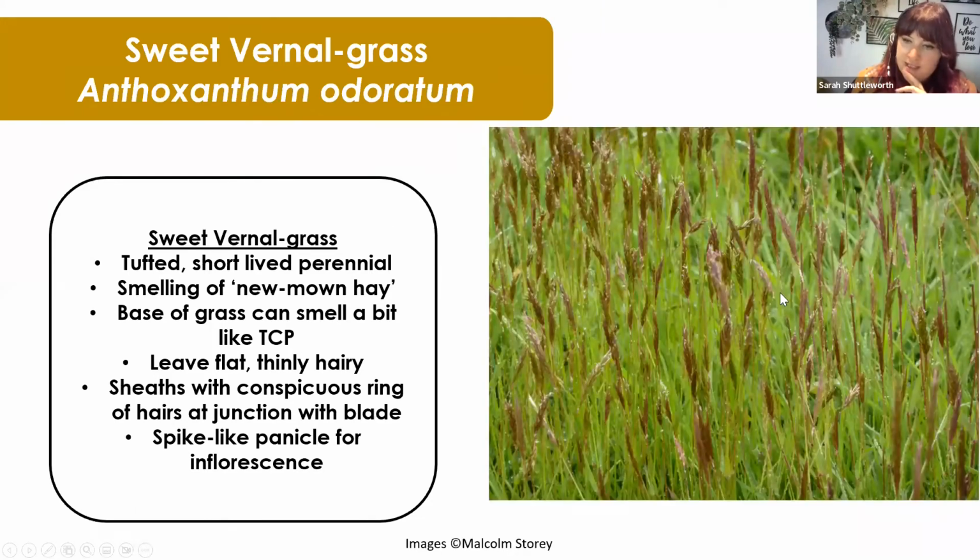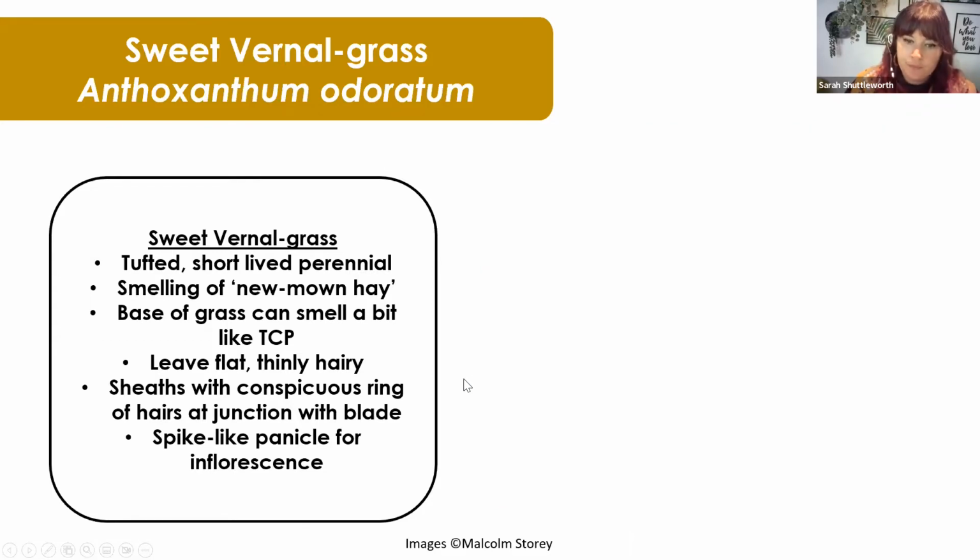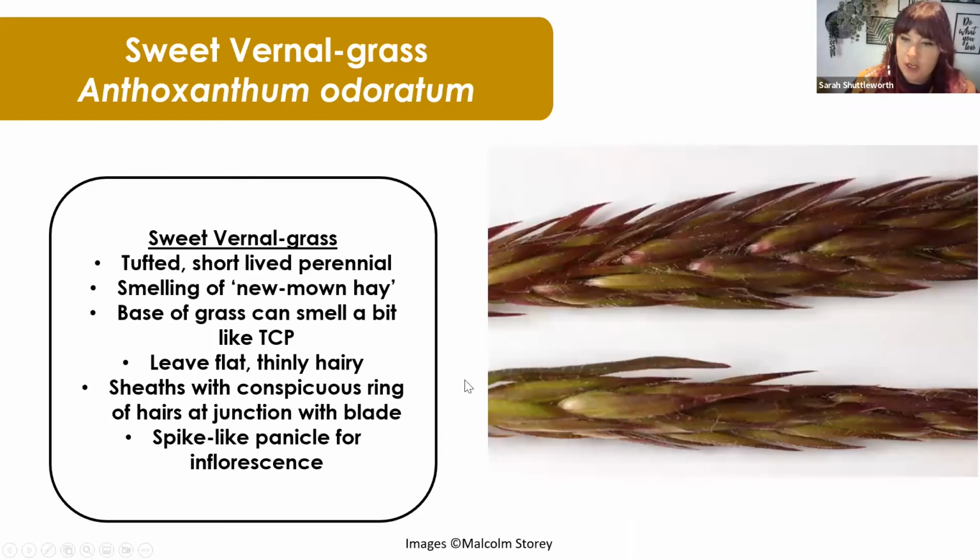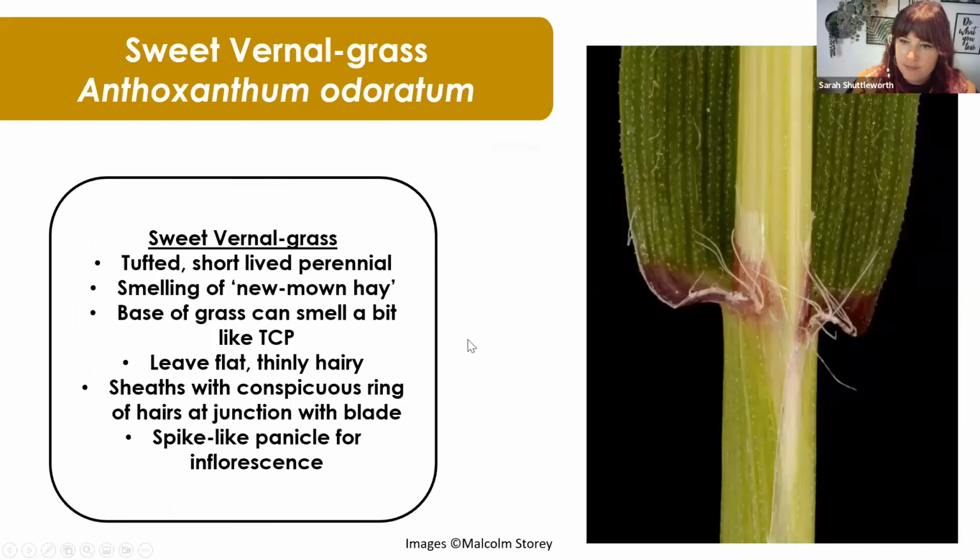So here it is early in the season, when it's first new growth, just starting to flower, looking quite fresh. Whereas at the end of the year, that's going to look very yellow and dry. Just a close up on those actual inflorescences. But here you can see these hair-like projections around the sheath of the grass before it goes out.